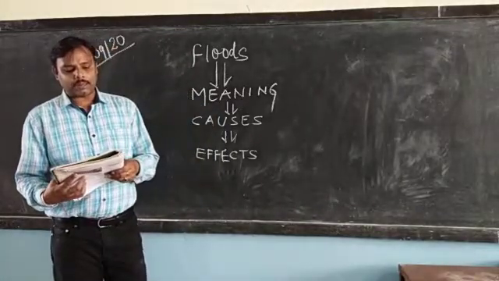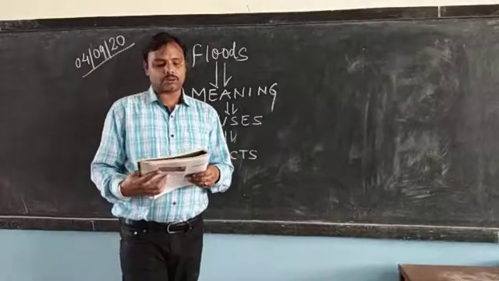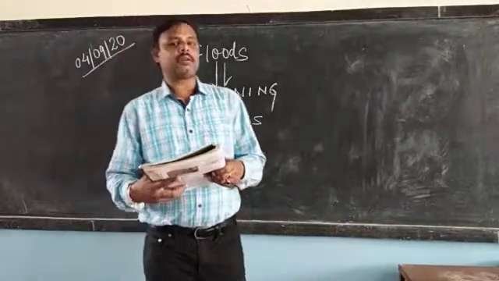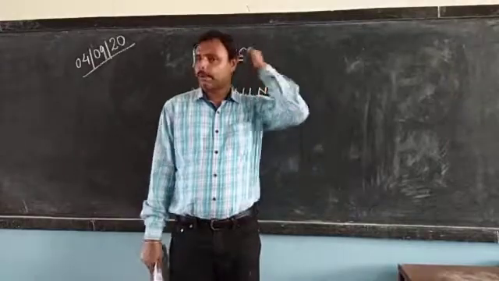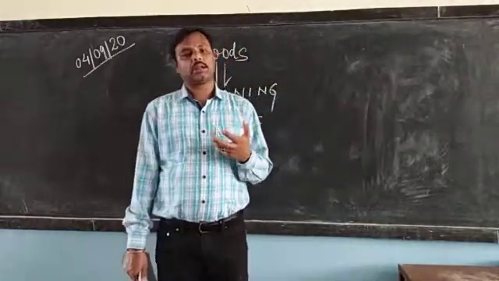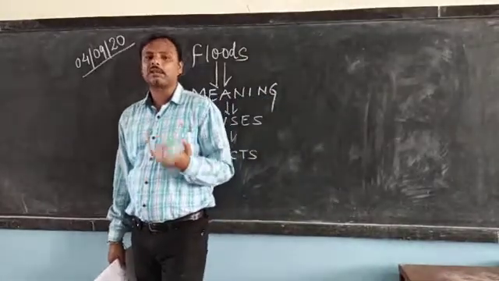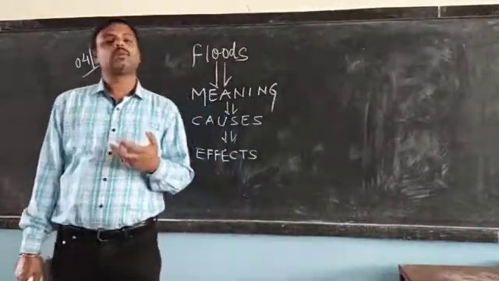Around 5,000 pilgrims died in the Char Dham area as they were stranded and were caught unawares. During that time, the people go to Uttarakhand for the Char Dham ritual performance. So people were caught in the rain and finally they had to lose their life.